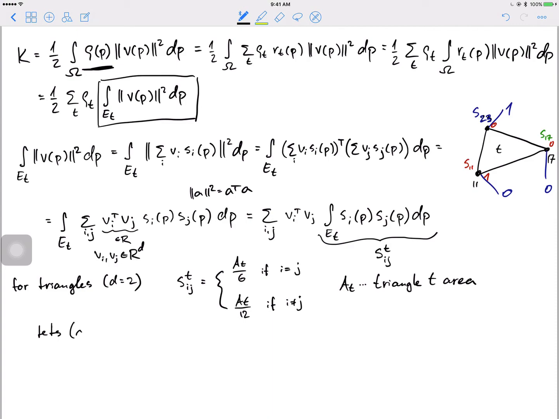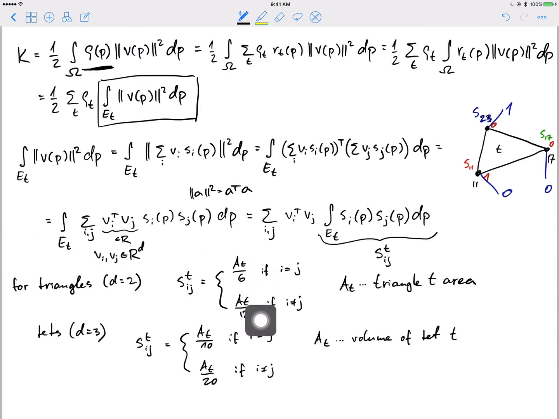So for D equals 3, you get something actually very similar. In that case, you will get AT divided by 10 if I equals J, or AT divided by 20 if I is not equal to J. So in this case, the AT is actually the volume of that element T. Okay?